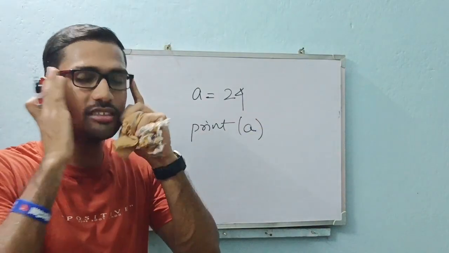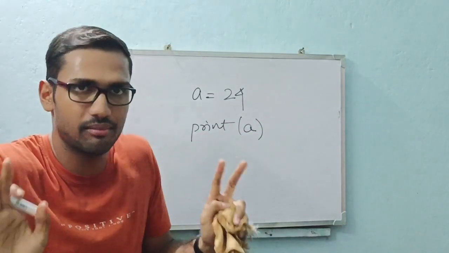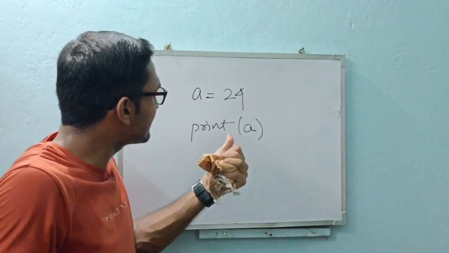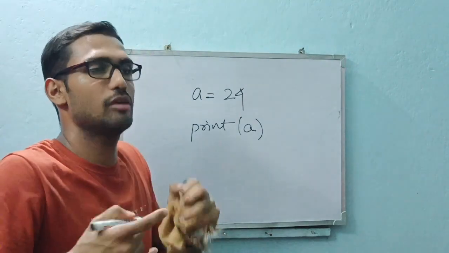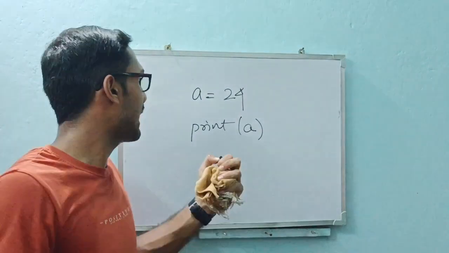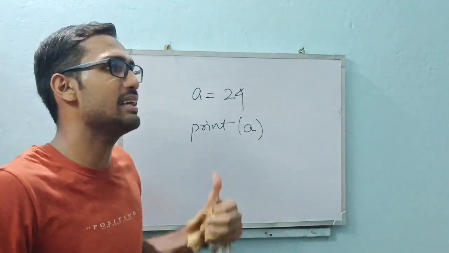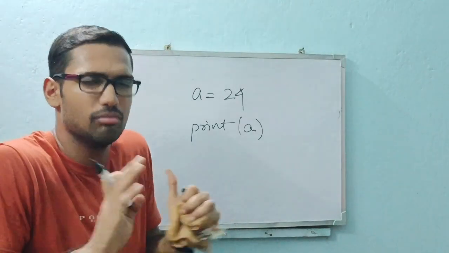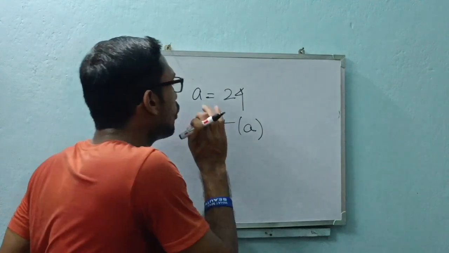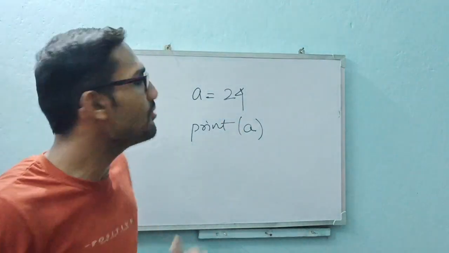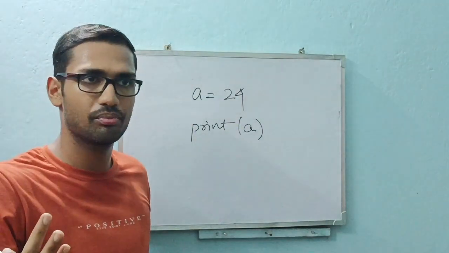No. Since it is not there within quotes, it's not a string. Clear? Am I doing any type of calculation with a, or is a involved with any expression? The answer is no. So since I am only using a, Python will consider it as a variable.